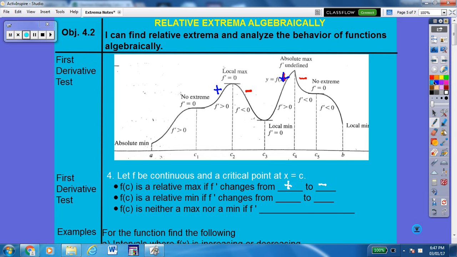Okay? Now, if you go to a relative min, what you're going to notice is that the derivative goes from being negative, because the function is decreasing, to being positive. Okay? So a sign change in the derivative happens again, but this time it has to be negative to positive, because the function must have been going down and then up in order to create that min.